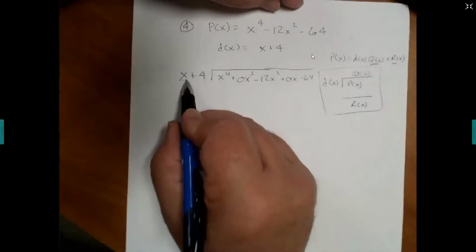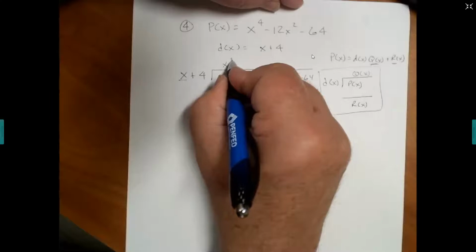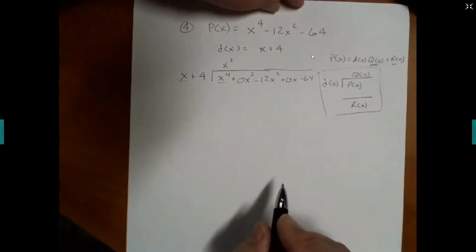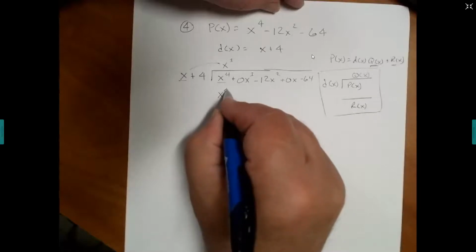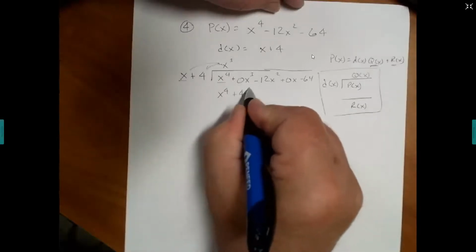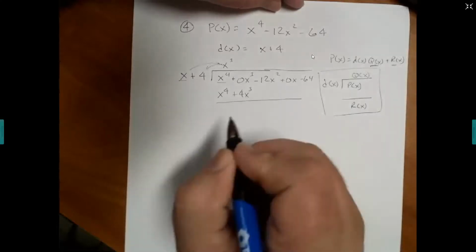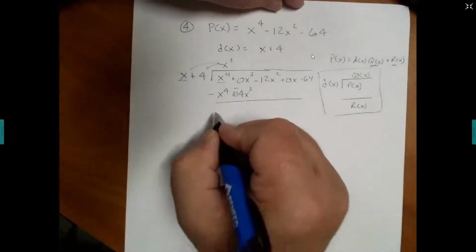Look at leading terms. X times what is x to the 4th? We're missing 3 more x's. So it's x cubed. X cubed times x is x to the 4th. X cubed times 4 is 4x cubed. Change the signs and add.